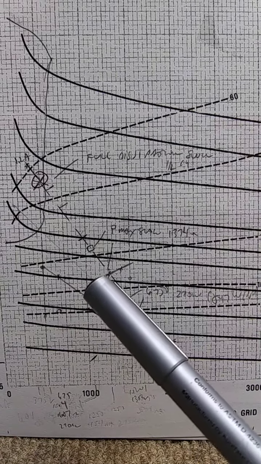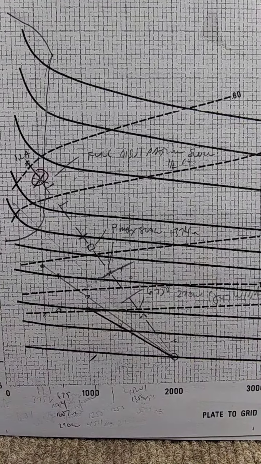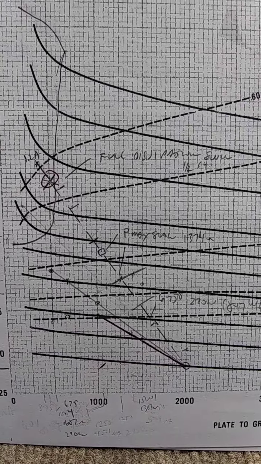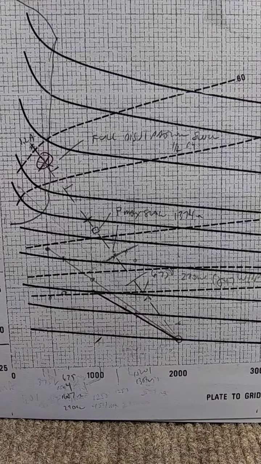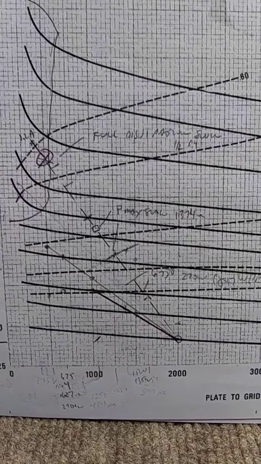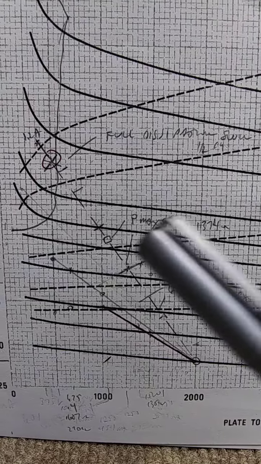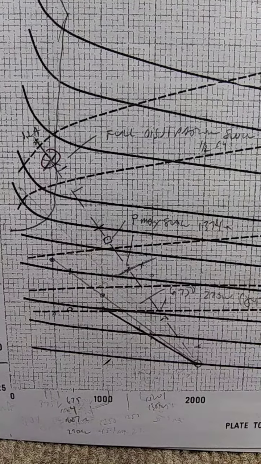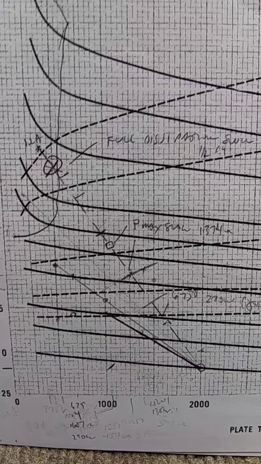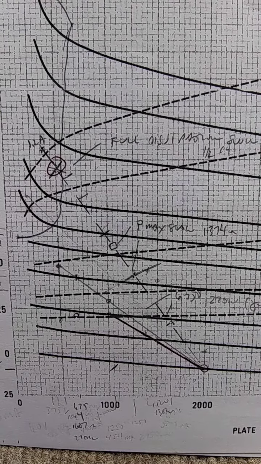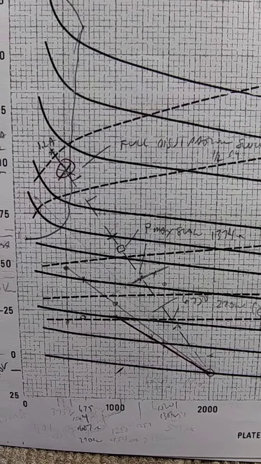This line is increasing to the right. Notice that if we take values of plate voltage on the x-axis and these plate current values over here, and we calculate various points along this line, what we get are differing resistance values, and that is uber critical.